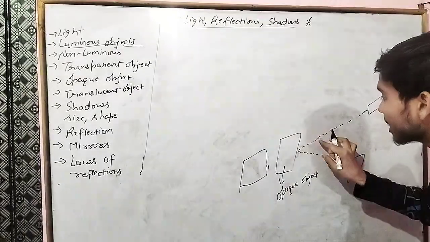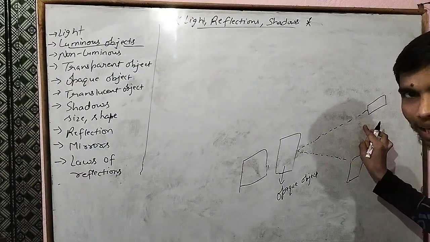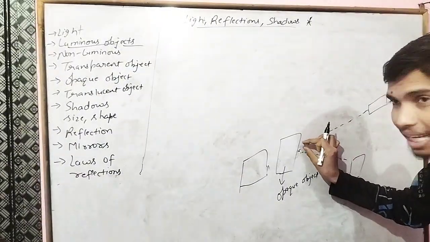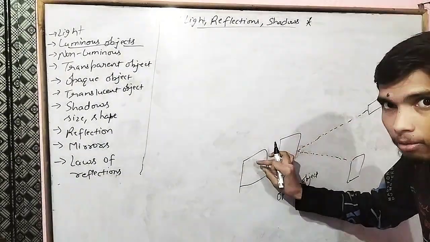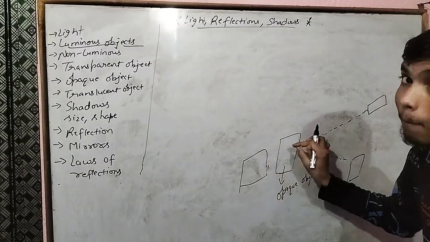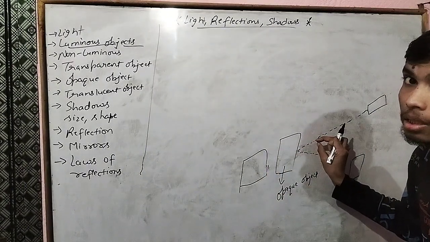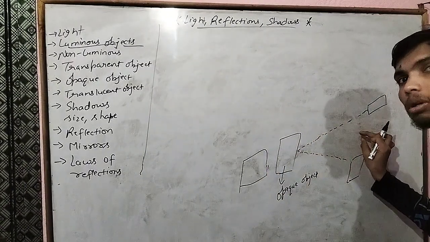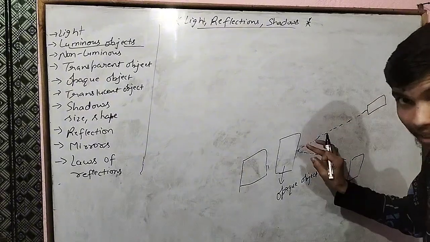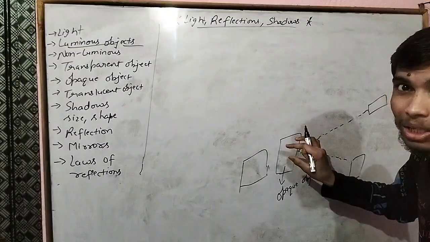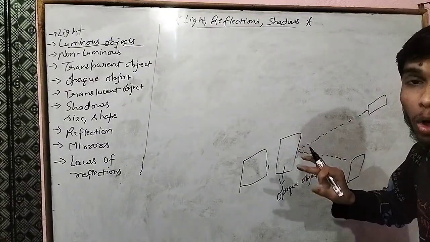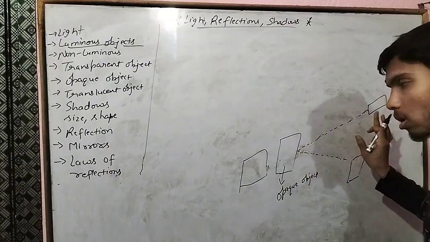The area that is being blocked from light, behind that area a shadow will be formed. But the area that is not being blocked from light will not have a shadow. Clear?